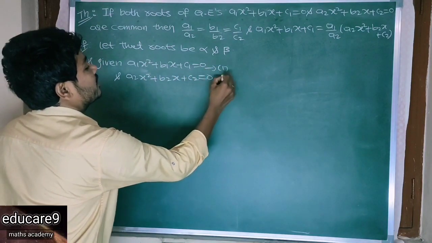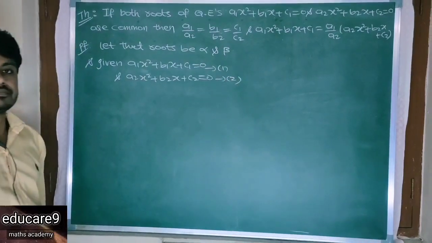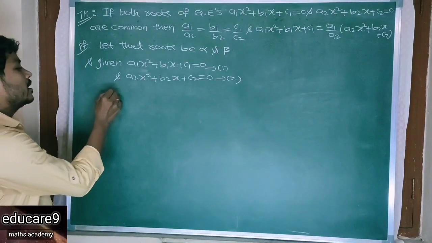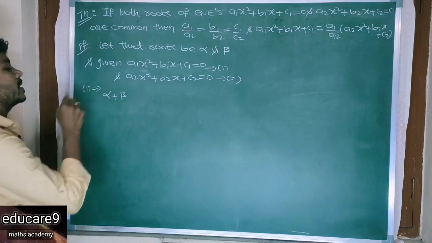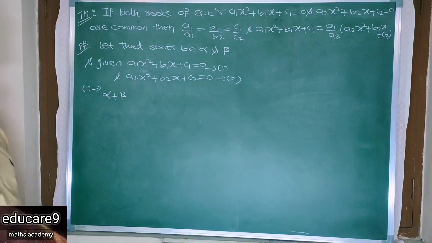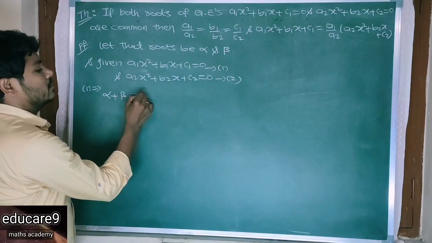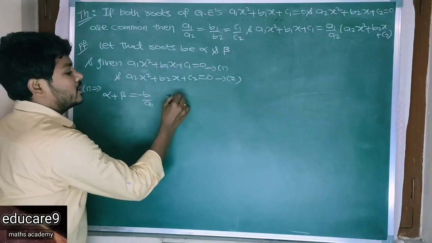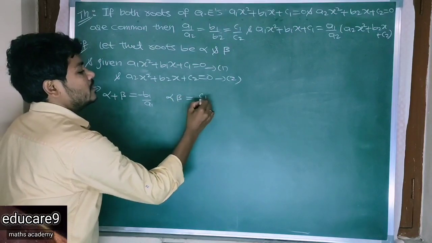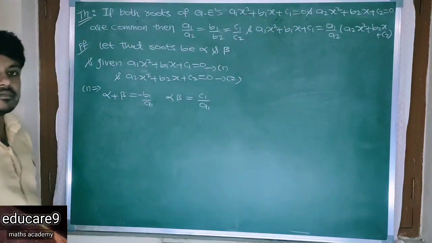This is equation 1 and equation 2. So from 1, the sum of the roots is minus b1 by a1 and the product of the roots is c1 by a1.